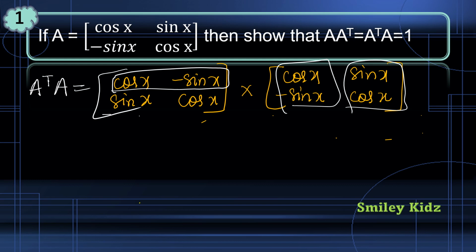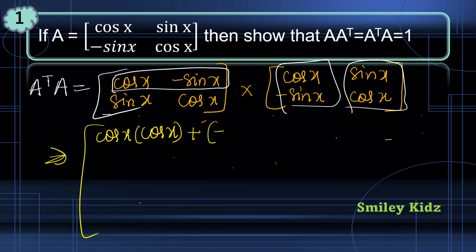What is that going to be equated to? Let's see over here. Cos x into cos x plus sin x into sin x. Look at the values carefully, right? This will be my first element. My second element is going to be with the second column.